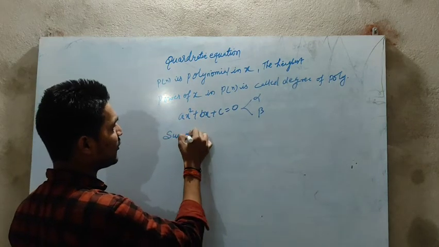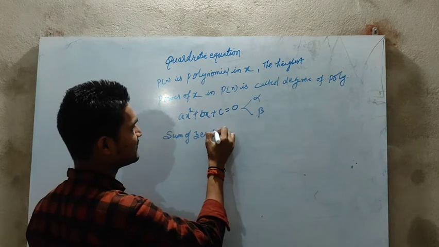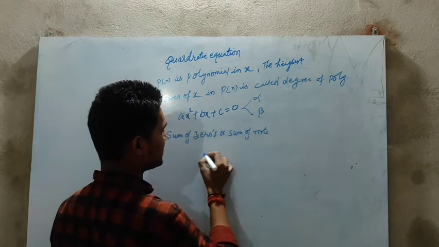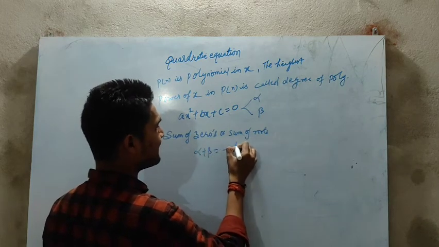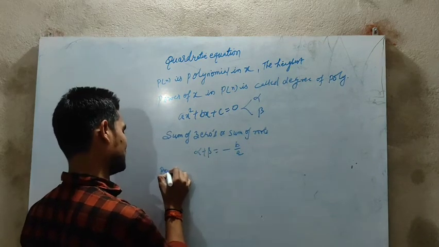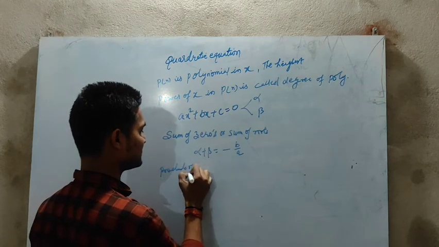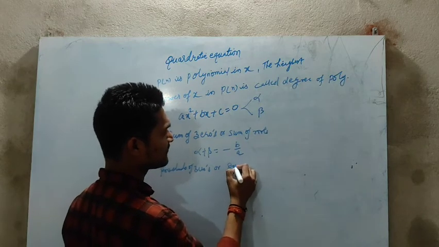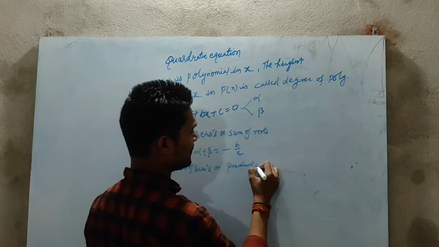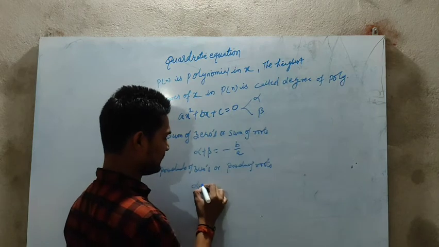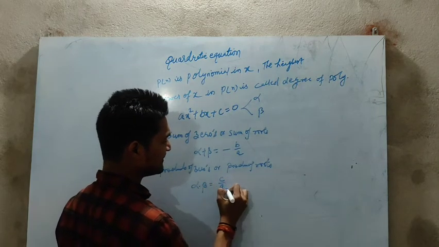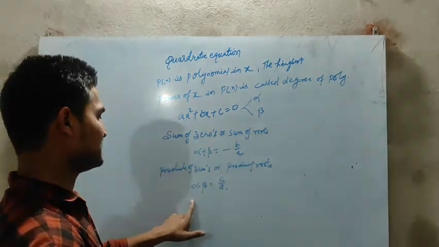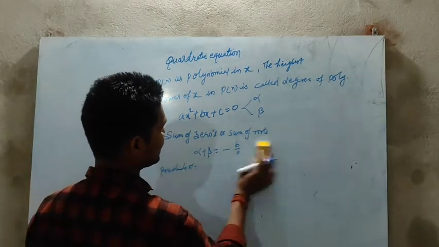Then the sum of zeros, or sum of roots, alpha + beta = -b/a, and the product of zeros, or product of roots, alpha × beta = c/a, where alpha and beta are the roots of the quadratic equation, or zeros of the quadratic equation.